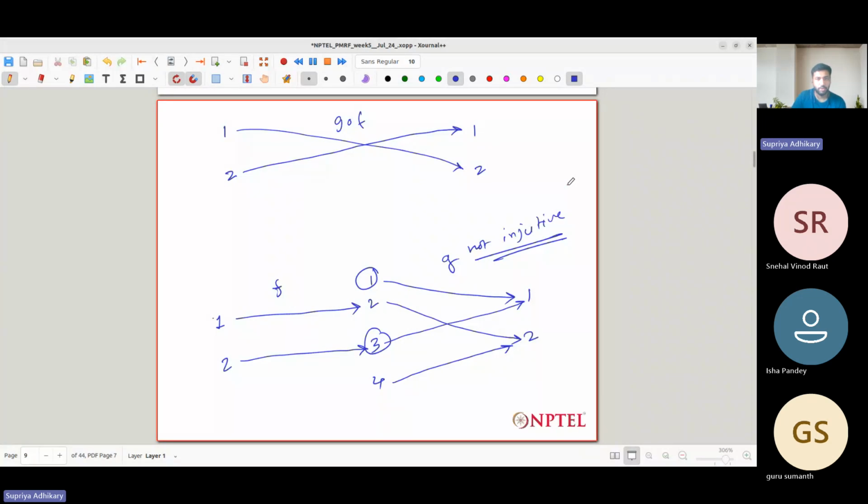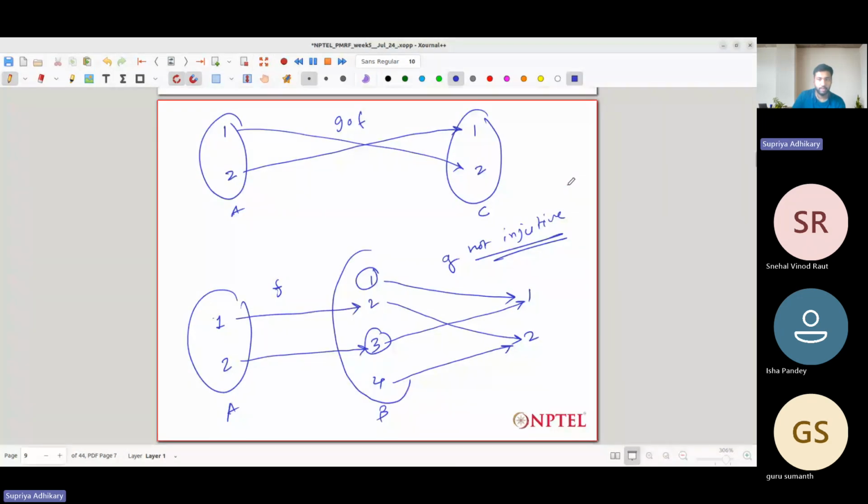As we can see here, g∘f is a mapping from this set 1 to 2, 1 to 2, and this is definitely a surjection, because for each element in this set C we have a pre-image. This is our A, this is our B, and this is our C. So if we consider any element in this set C, then for that element there is a pre-image for this composite function. So definitely g∘f is surjective.